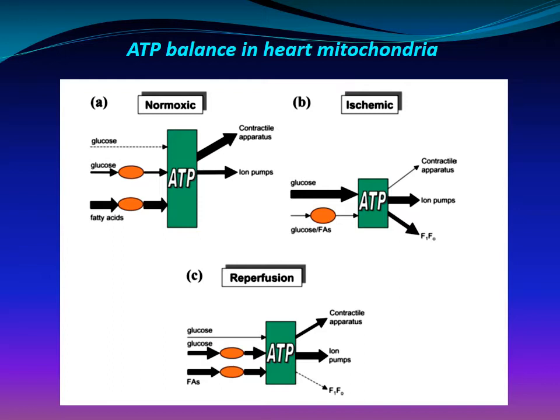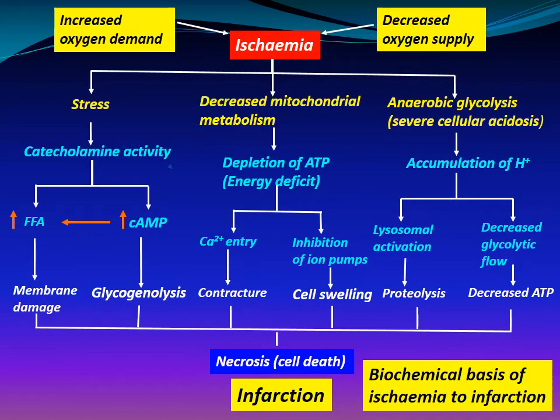During reperfusion, the heart muscle switches back to fatty acids as the energy source as oxygen supply resumes. The ATP produced is mainly utilized by the ion pumps, and there is an increase of ATP utilization by the contractile apparatus when compared to the ischemic heart.